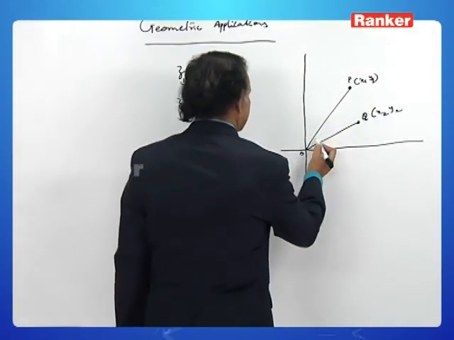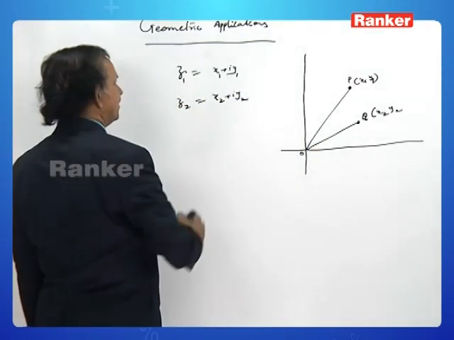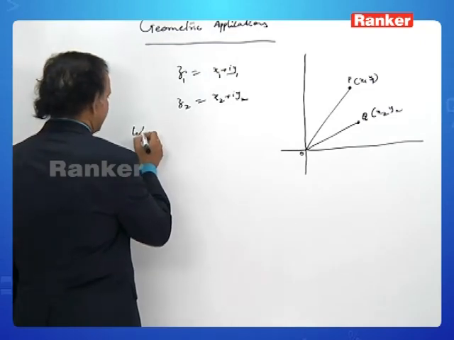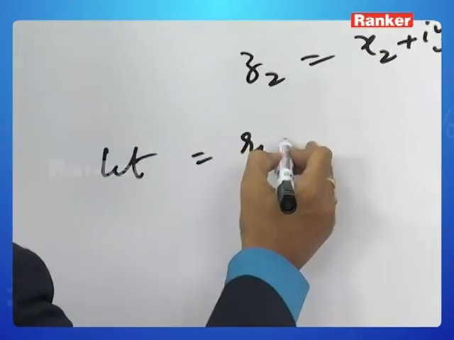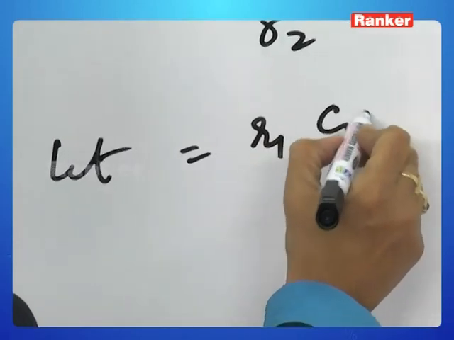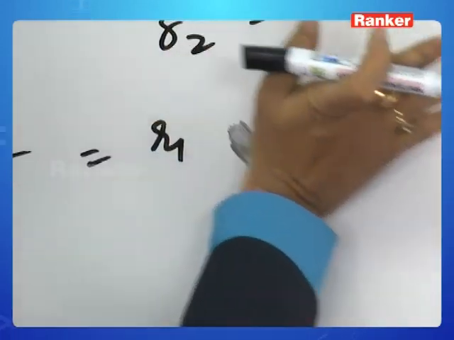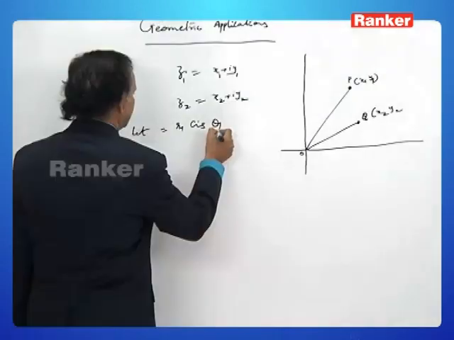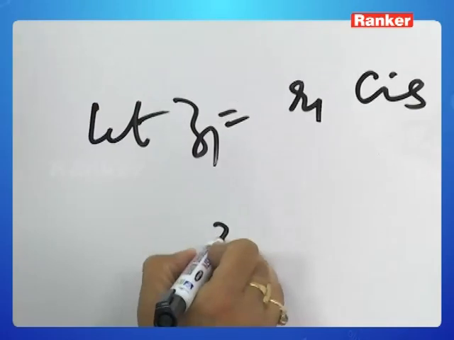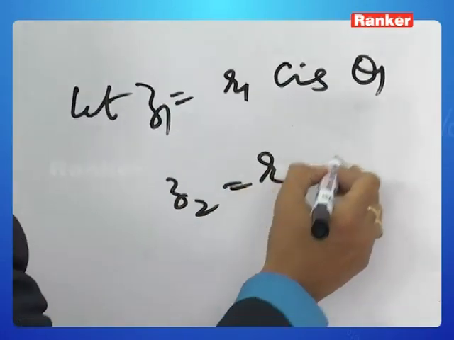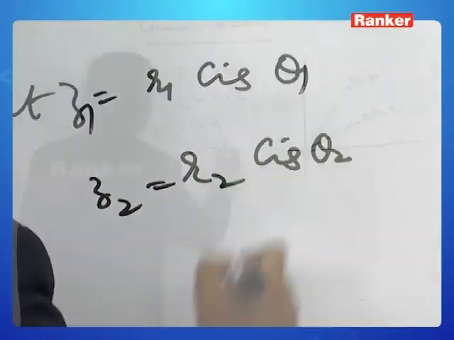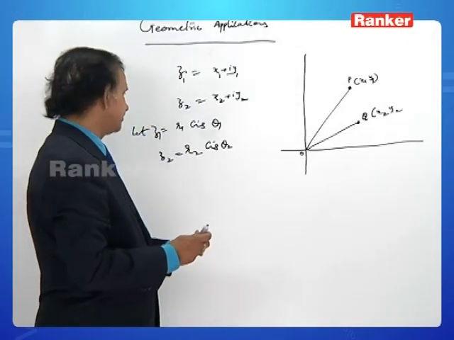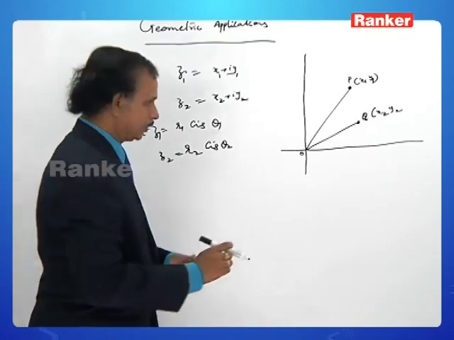Let me express z1 in mod amplitude form as r1 into cis theta 1, that is cos theta 1 plus i sin theta 1, and z2 is equal to r2 into cis theta 2. What do you say about theta 1, amplitude of z1? What do you say about theta 2, amplitude of z2?